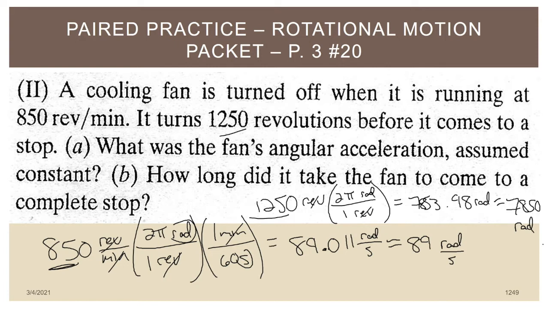So it says the cooling fan is turned off when it's already running at 850 revolutions per minute. That means our initial angular velocity here is 850 revolutions per minute, or as we just calculated in radians per second, 89 radians per second.